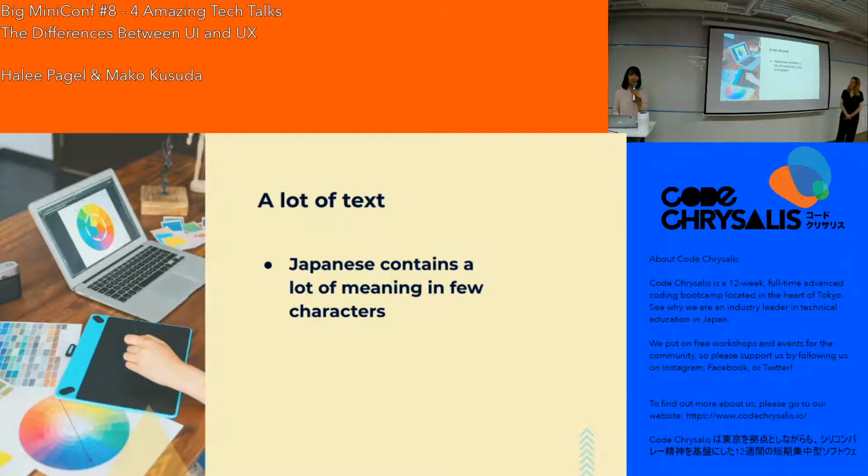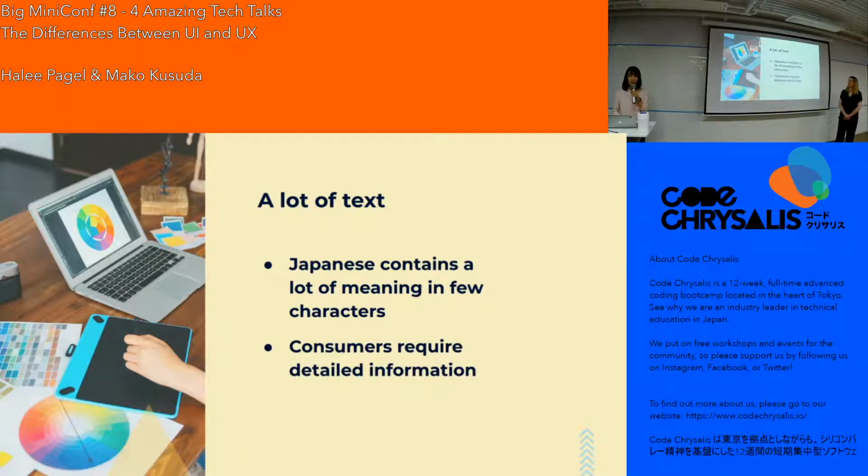First, Japanese websites use lots of text. Expansive use of text is due to the nature of the language itself. Japanese characters can contain a lot of meaning in just a few characters. It allows Japanese speakers to process a lot of information in a short period of time.